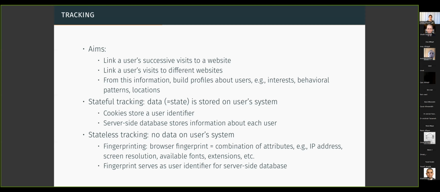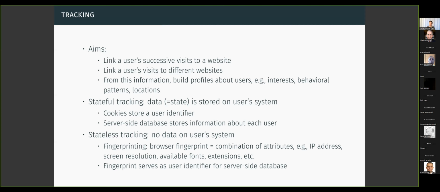So, of course, if a company uses stateful tracking, it's more certain because there is a cookie with a specific user identifier. So there is a guaranteed match between the cookie and the server-side database. But the user can also delete their cookies, and then that stateful tracking has a problem. Whereas stateless tracking, it's a little more probabilistic.